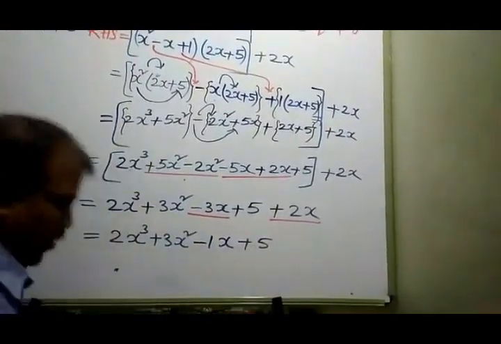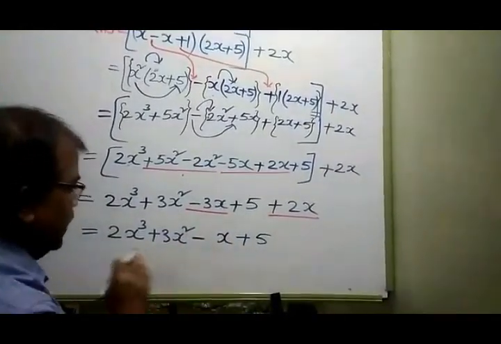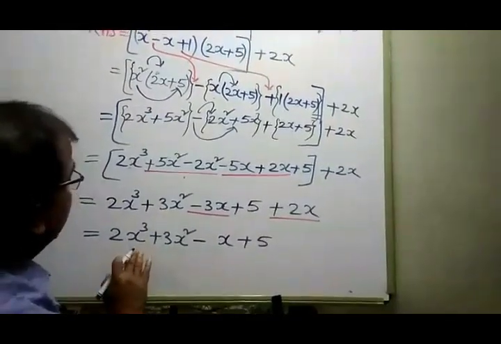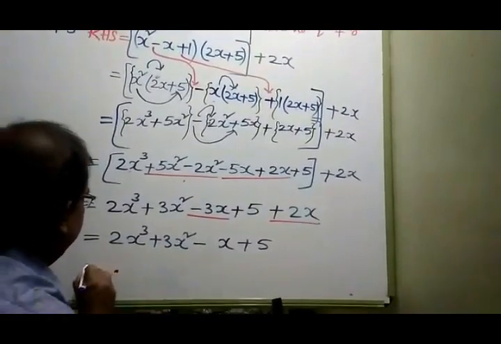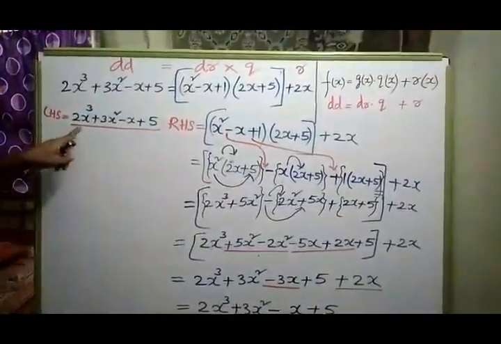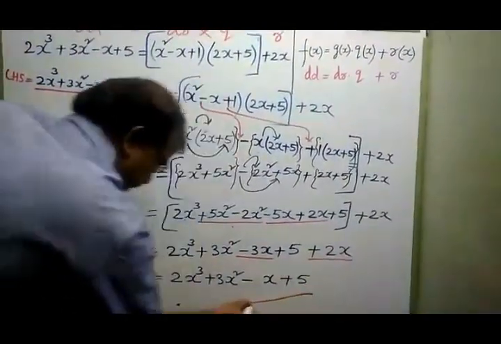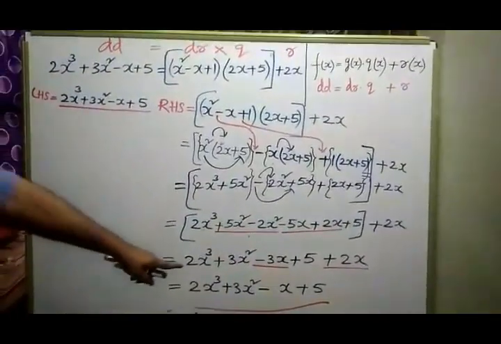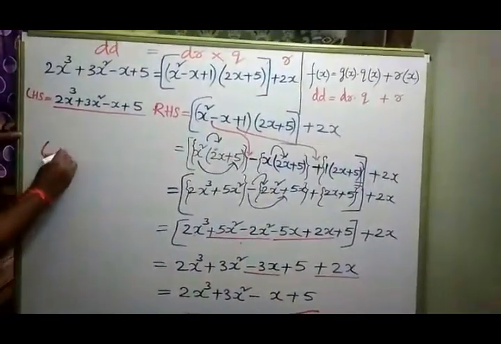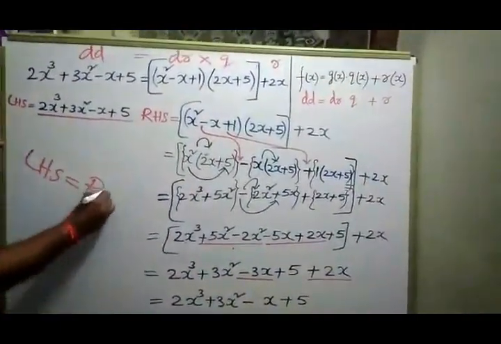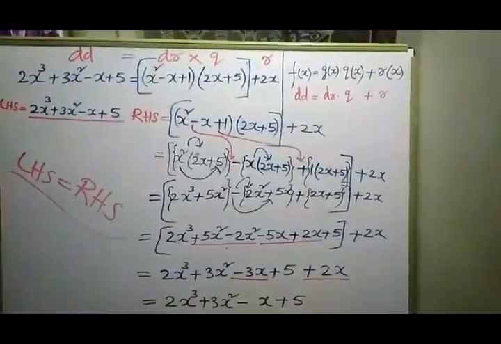This is nothing but the dividend, 2x cube plus 3x square minus x plus 5. LHS is equal to 2x cube plus 3x square minus x plus 5. RHS also I got the same after simplification. Therefore LHS is equal to RHS. Hence I verified the division algorithm for question number 2.